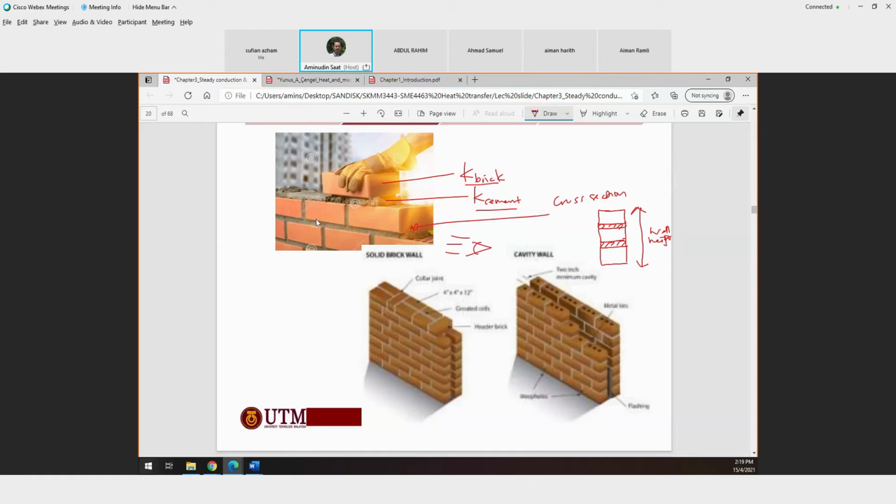Okay, so you need to consider that if you want to study the temperature from this side, let's say this is your inside, and this is your outside.